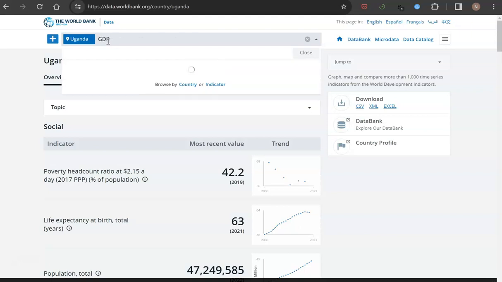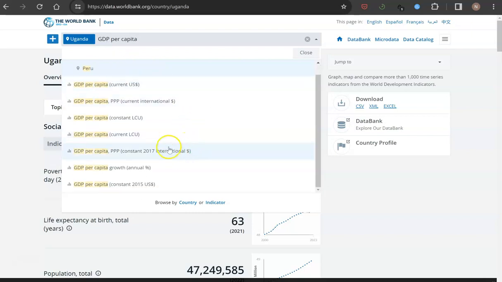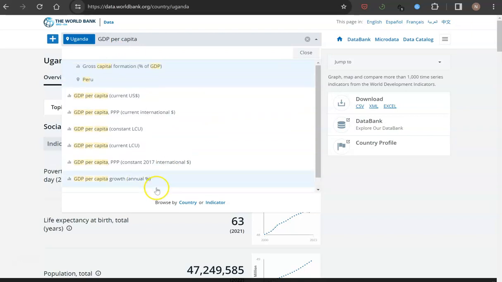So we can start by typing GDP per capita, and then we'll get some choices to drop down. For this one, there are going to be two that we want. One is PPP, and the other is the one with exchange rates, which is just going to be in US dollars. Because we want to compare over time, if we were just comparing countries right now, we could use the current US dollar one.